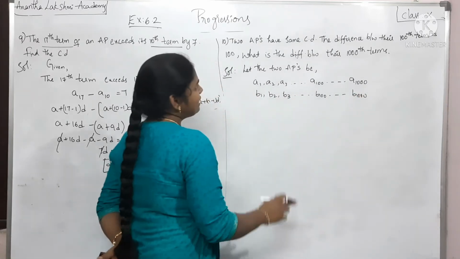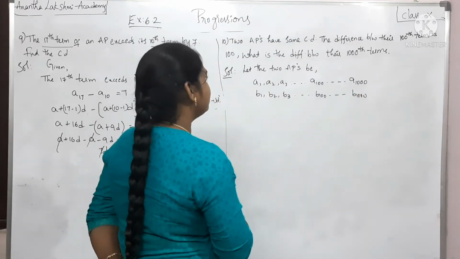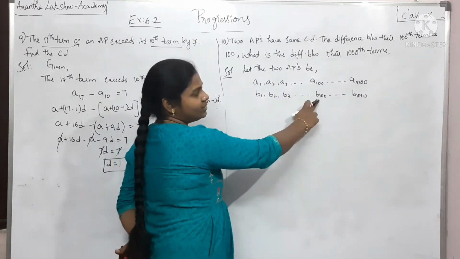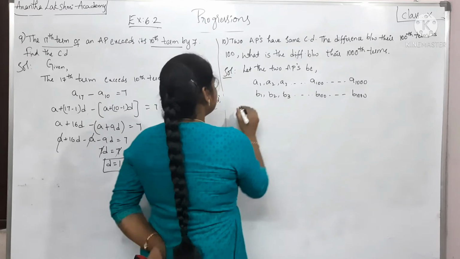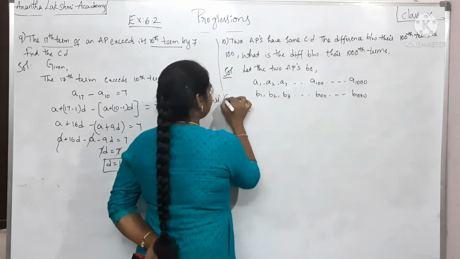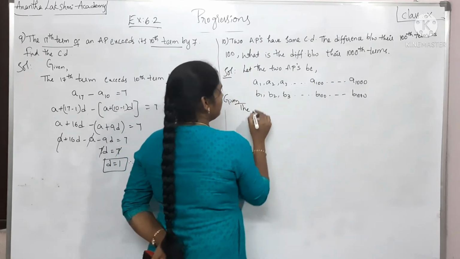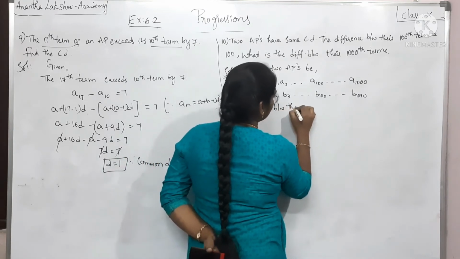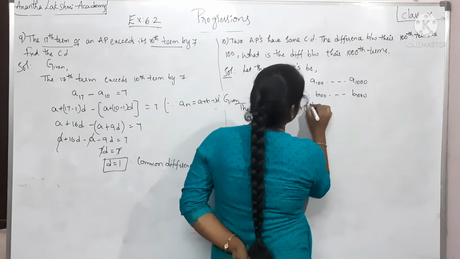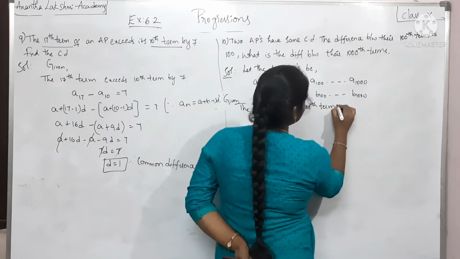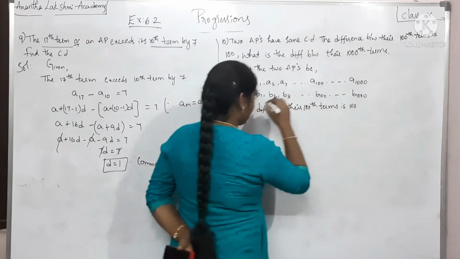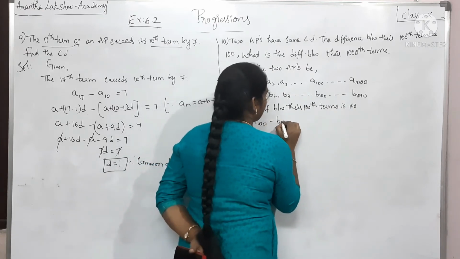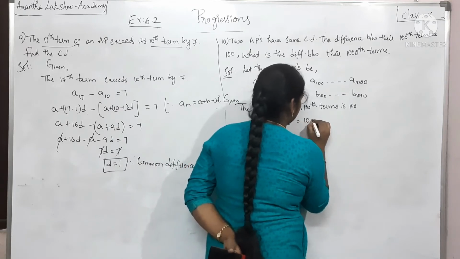Okay, what is given? The difference between their hundredth terms. The hundredth term in the first series is A100. The hundredth term in the second series is B100. So what is given? The difference between their hundredth terms is 100, which means A100 minus B100 is equal to 100, isn't it?